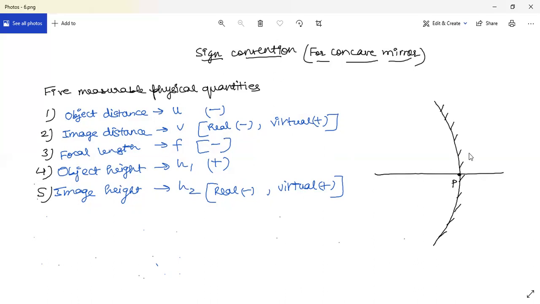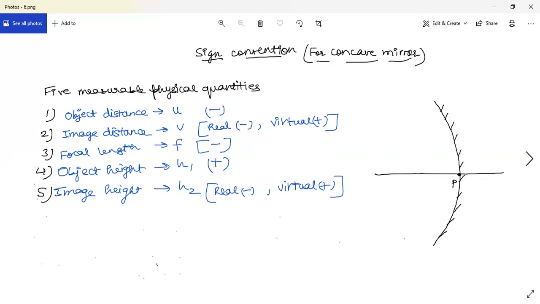So if the focus or image is on the left side of the mirror, it will always be negative. Why? Because the ray is coming, and if it's going opposite to it, it will be minus. And if it's in the same direction as the ray coming from the object, it will be positive for the distance.